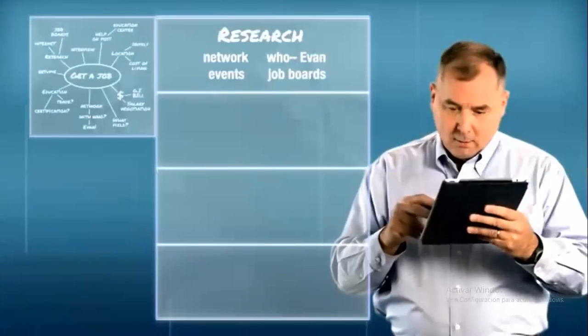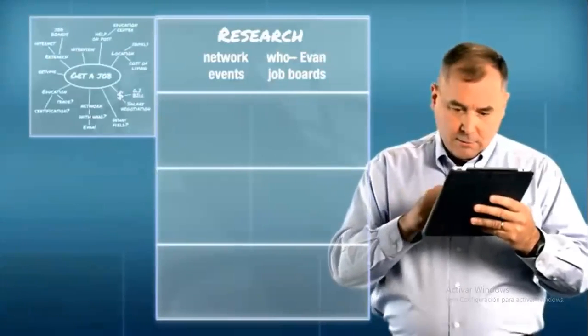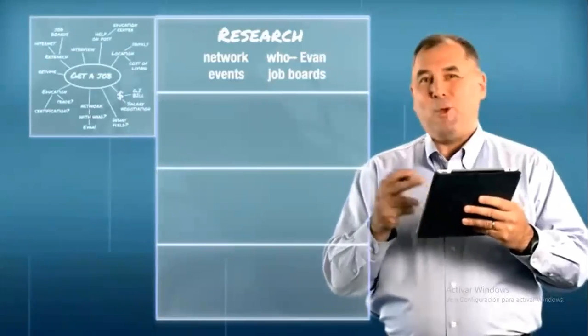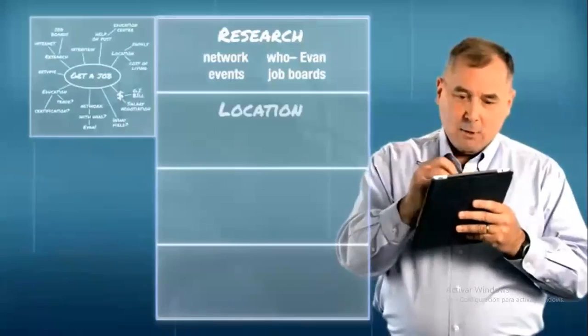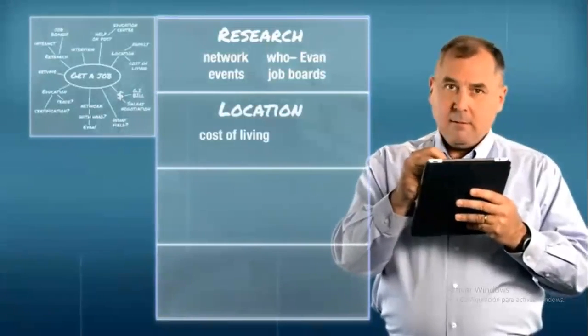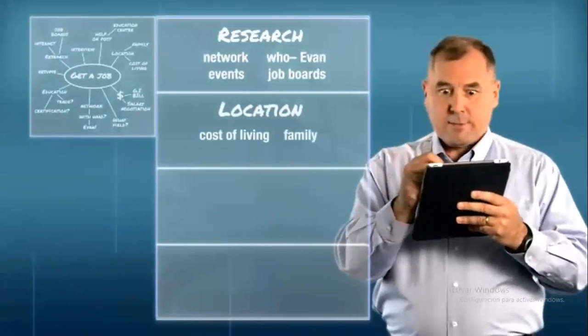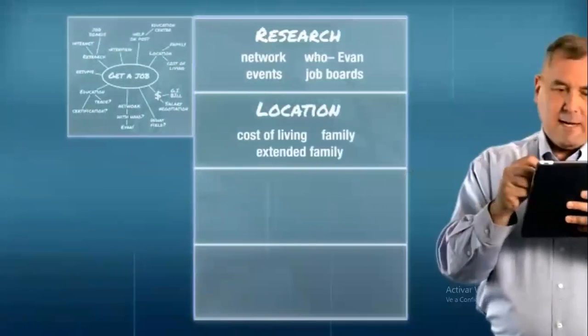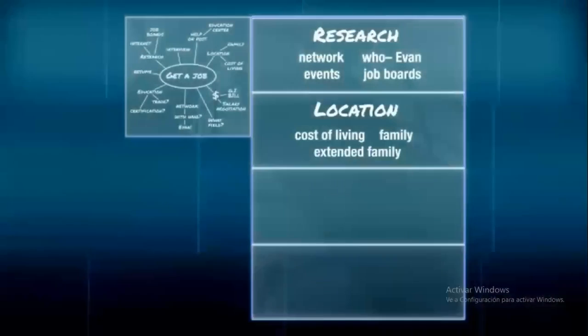What's another category that surfaces with two or more items on the mind map? Location. Let me write down location. What goes into that? Oh, cost of living, family needs, I need to consult with the family. What about extended family? Let me write that down too. Another category is education.